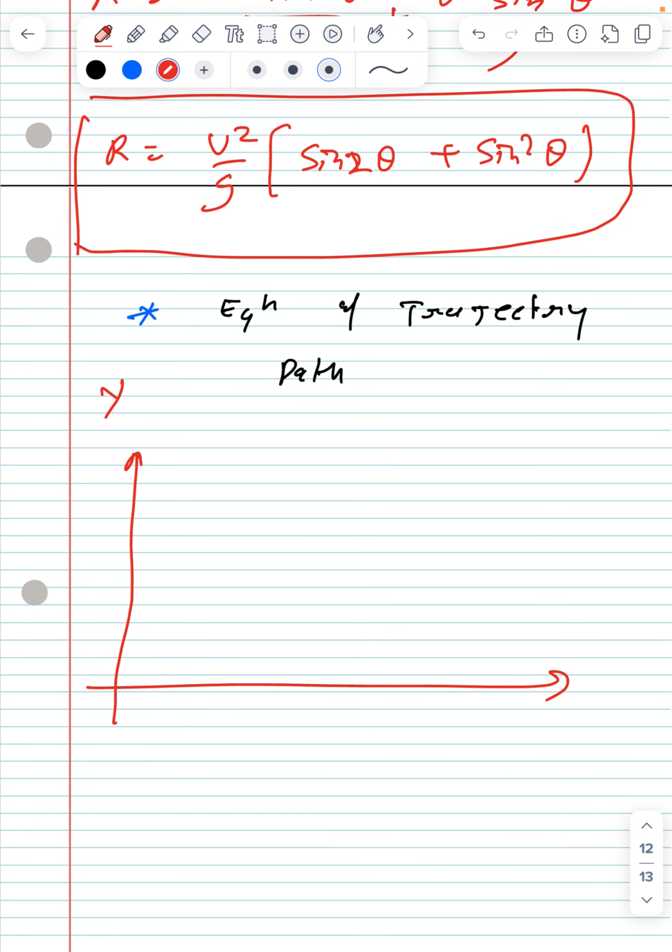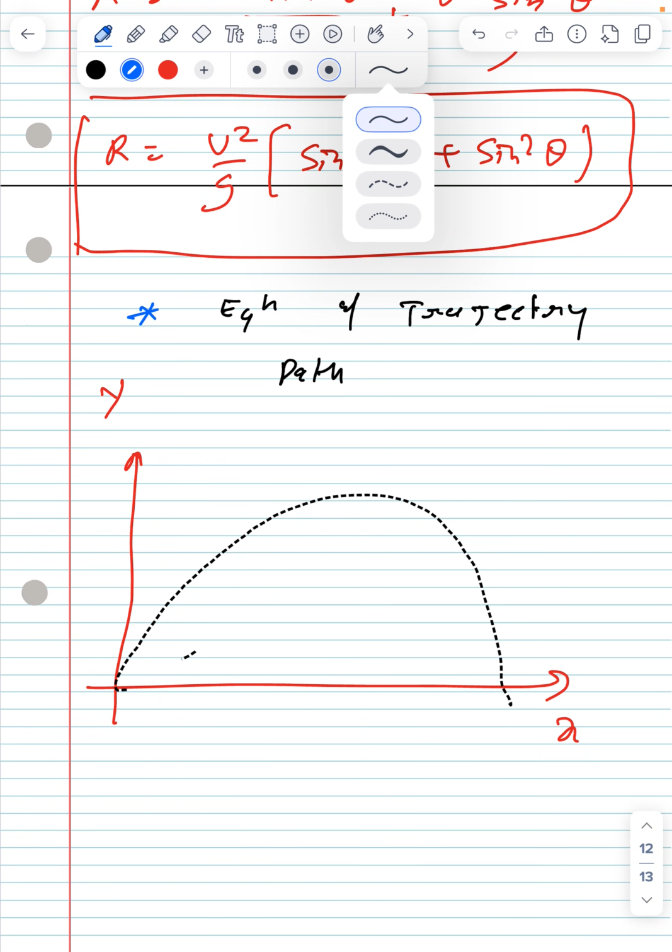Next topic: coordinates of the particle along the x and y axes, that is, the equation of the trajectory path.